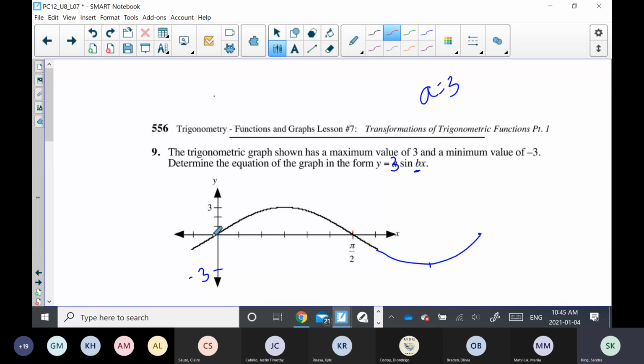What they've given me from here to here, I hope you guys could sort of see this, this would be half the period, right? Because the period would be one complete picture, and then it repeats itself. So from this red dot to this red dot, that's half the period.